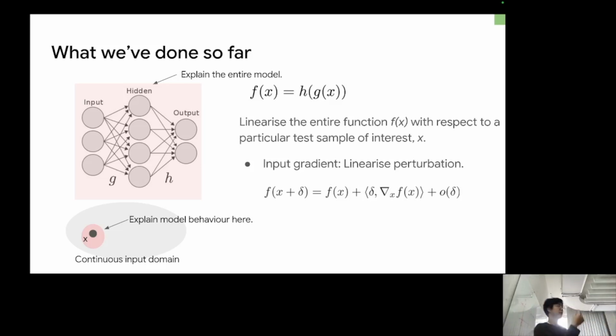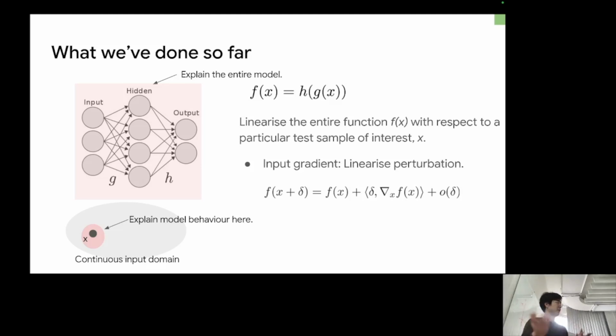Let's say you're making a small perturbation, delta, around this test point x. Then you can approximate the value of this function, where x is constant now and delta is the variable. You can write down this function as a Taylor expansion, where we have f of x, the baseline point, and then you multiply this delta variation's direction with the directional gradient, and then you have a small term that vanishes when you decrease delta sufficiently.